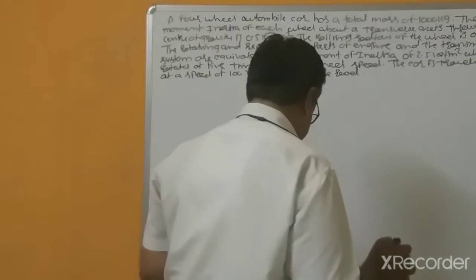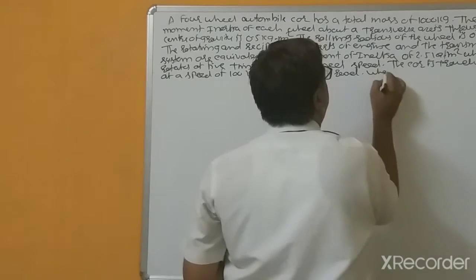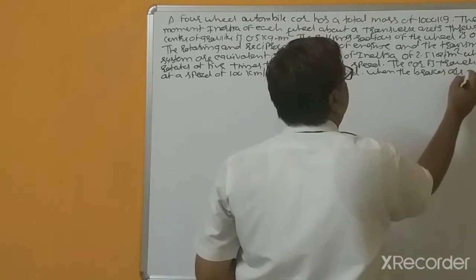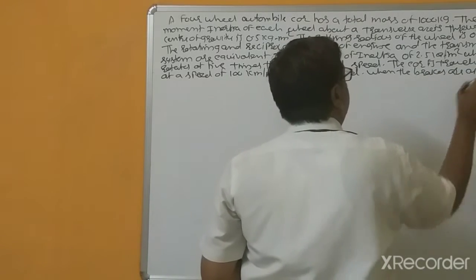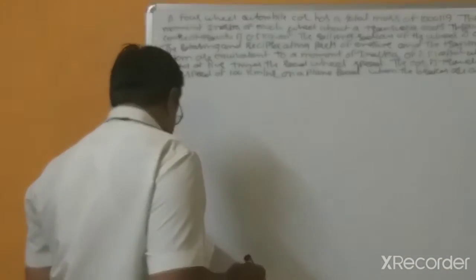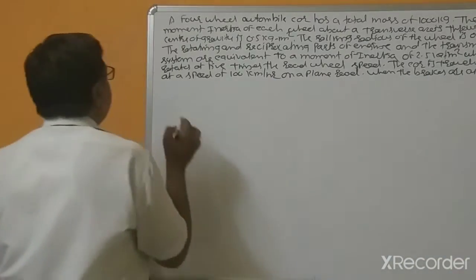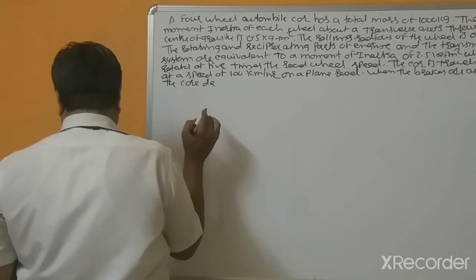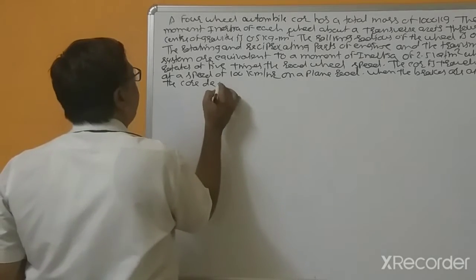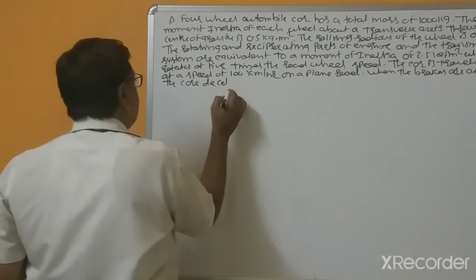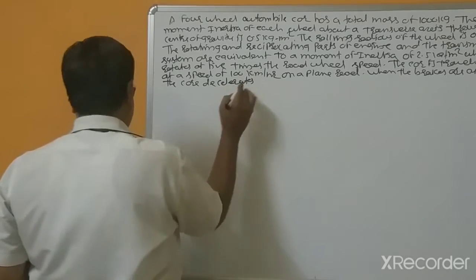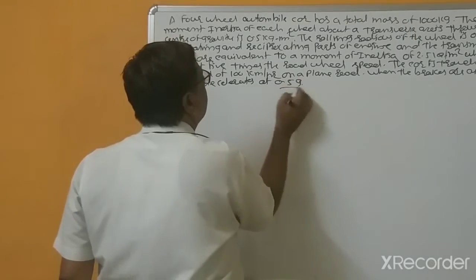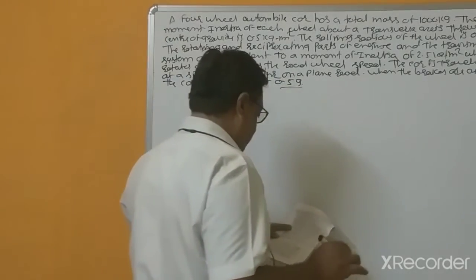When the brakes are applied, the car decelerates at 0.5 g, where g is the gravitational acceleration.